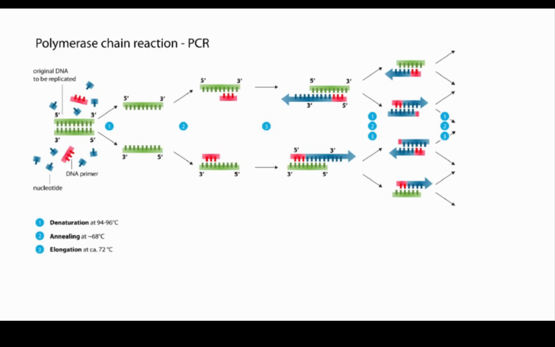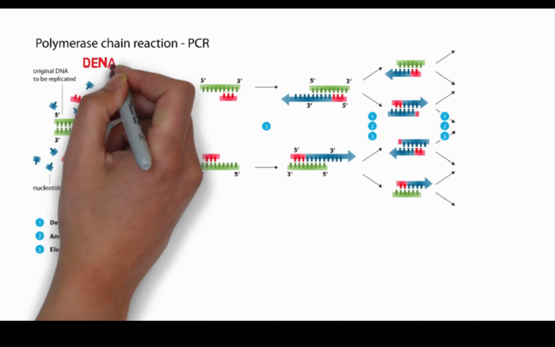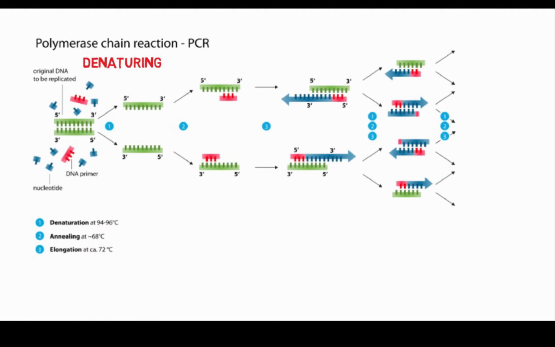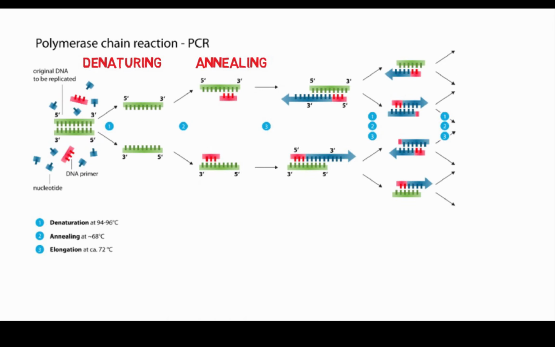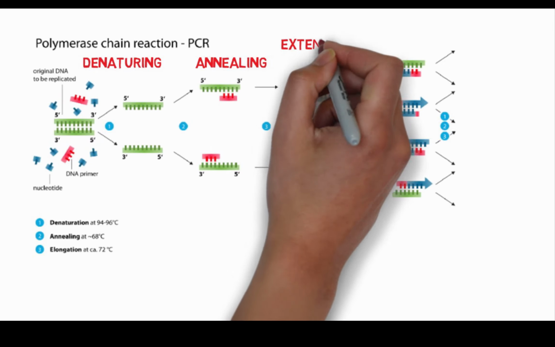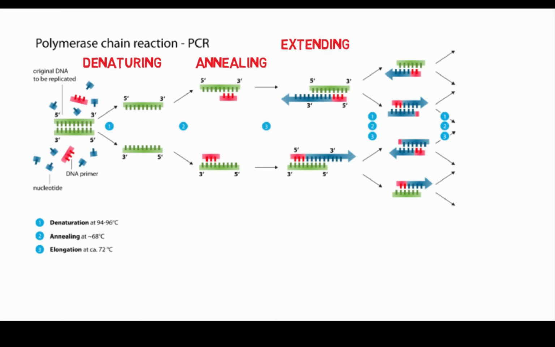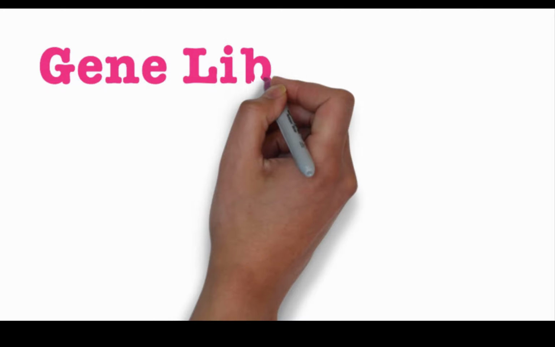This graphic shows the basic process of heating to denature, then annealing primers at cooler temperatures, then extending the nucleotide chain. Each cycle doubles the number of DNA molecules formed. 2 cycles are shown here. Now let's take a look at gene libraries.